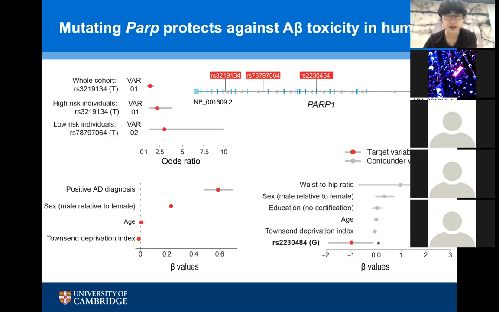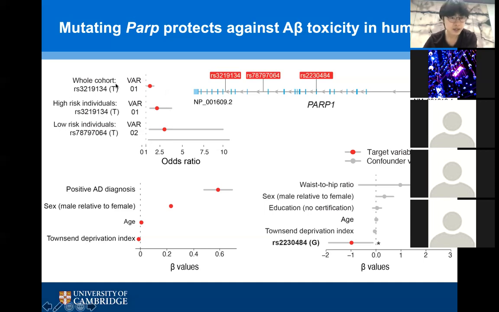And there's genomic information in many of these participants. So then I looked at all the SNPs, single nucleotide polymorphisms, so all single nucleotide mutations in the Parp gene in humans. And I found that 3 Parp mutations, which are here, affect the risk of getting Alzheimer's disease.